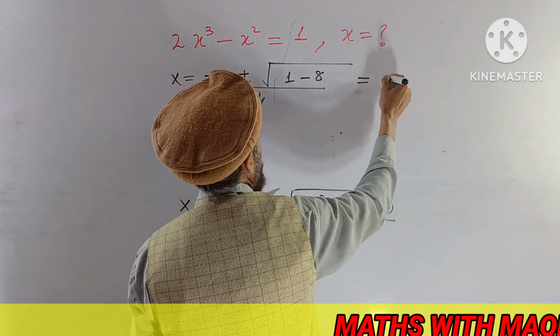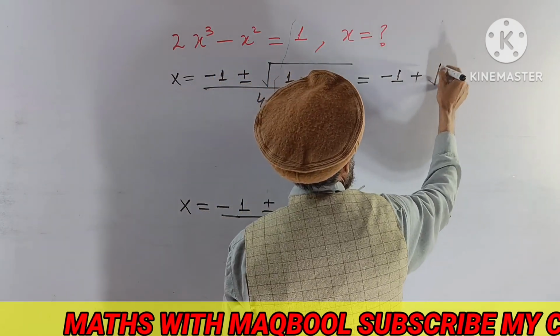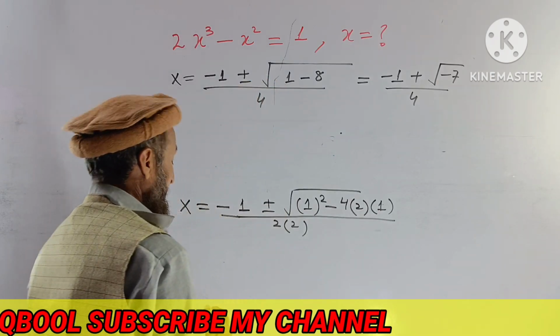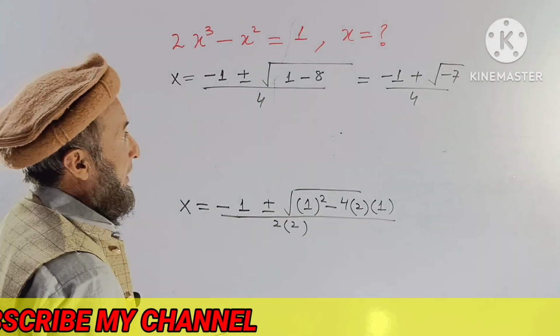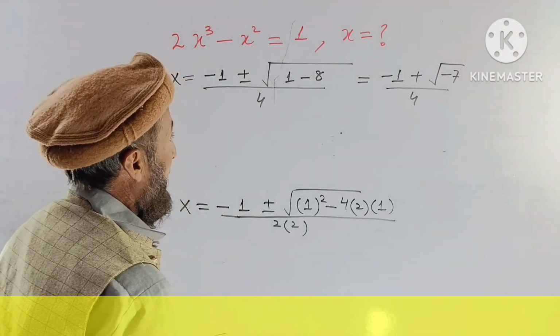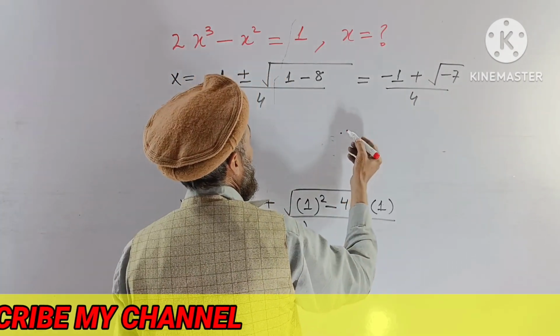Further we simplify: minus 1 plus minus square root of minus 7, divided by 4. Now in the radical, the radicand is minus, so we change this, as we already know that iota square is equal to minus 1.